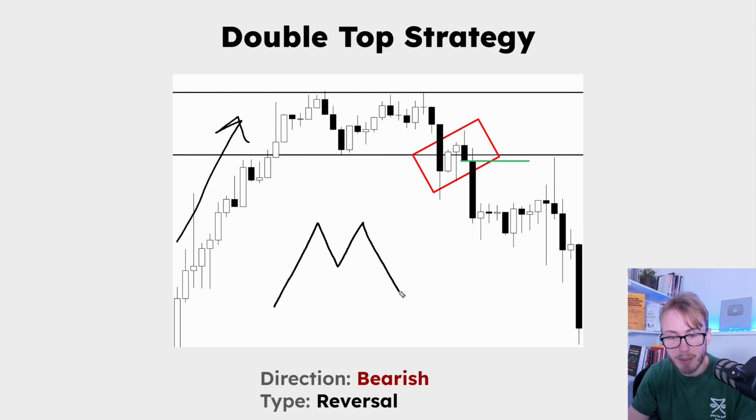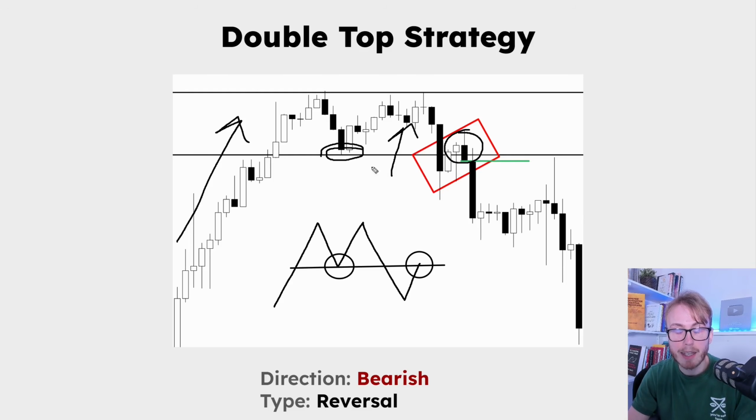And in a textbook, the pattern will usually look like this, right? You will see the price going up to the exact same point and test the previous support as resistance. But you can see that in real markets, many times, like it did right here, it actually pushed above this middle line. And this is super common, and this is why you should not be too focused on these sort of perfect patterns that you see in textbooks.